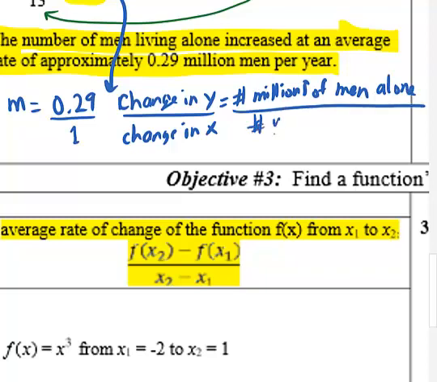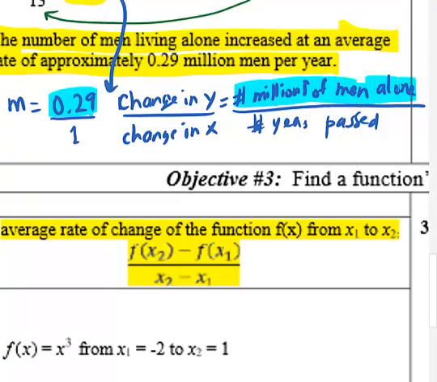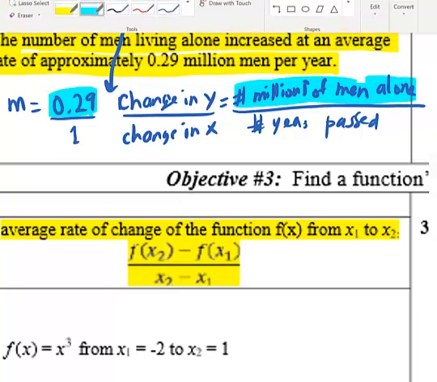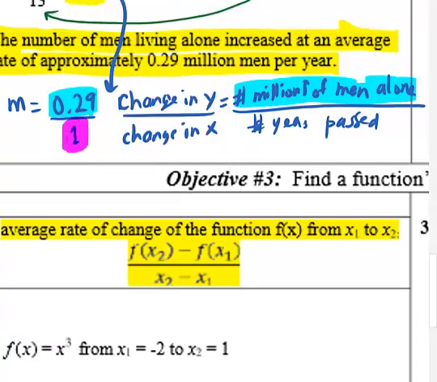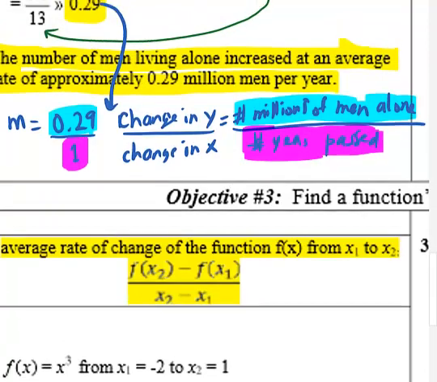So if I match those up, numerator to numerator, denominator to denominator, 0.29 was the number of million men living alone, because that's the numerator of the slope. And then the denominator was 1, because I divided it and made it a decimal. 1 year passed, and 0.29 million men living alone.